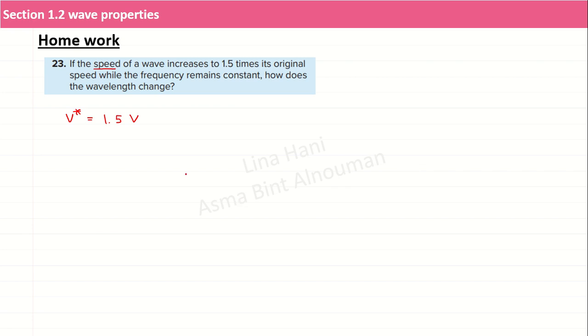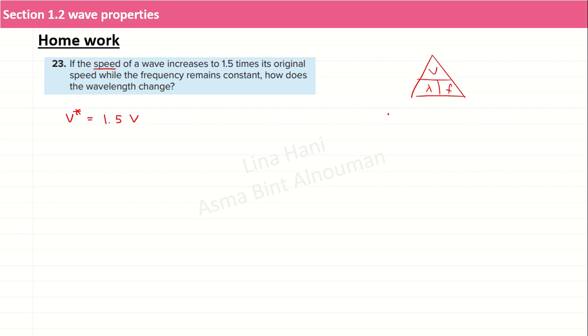He wants me to see what's the effect of changing the speed on the wavelength while the frequency is kept constant. Again, with a triangle, let's search for an equation that has both the speed as well as the wavelength. v equals lambda f.